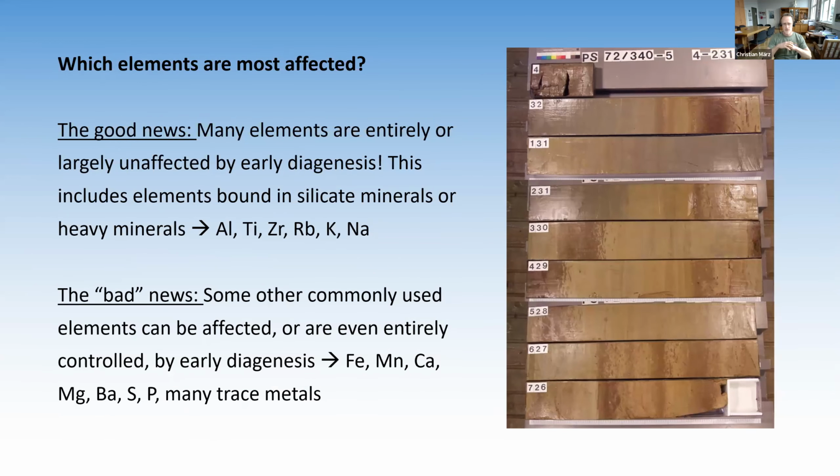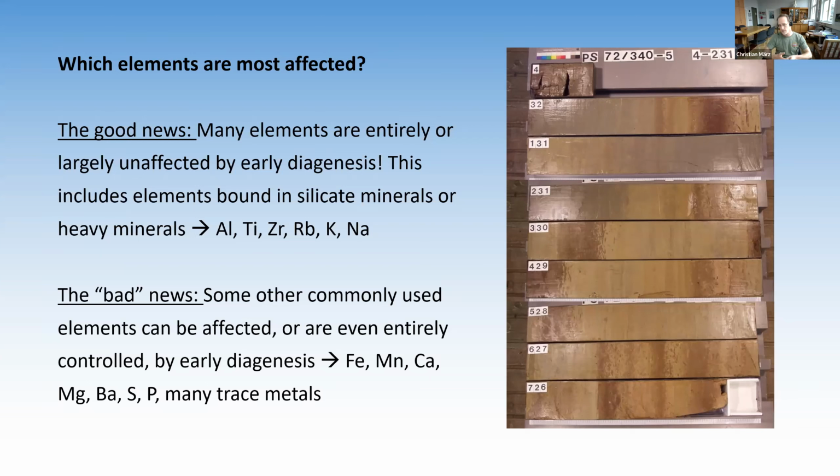Now, this is just to quickly say, if you're only dealing with the chemical elements aluminium, titanium, zirconium, rubidium, potassium, sodium, you don't have to worry all that much about early diagenesis. But in reality, if you're using geochemistry as a tool in interpreting the sedimentary record, a lot of commonly used elements are partly very strongly affected by diagenetic processes, sometimes even completely controlled by diagenesis.